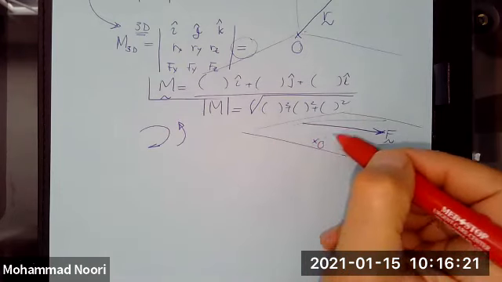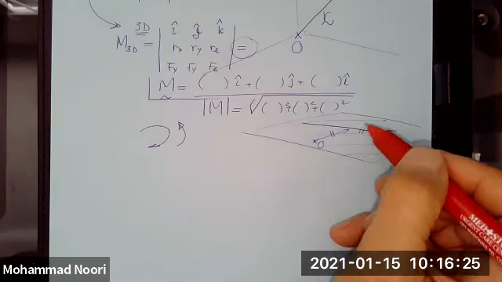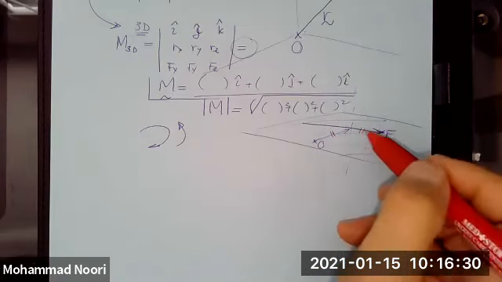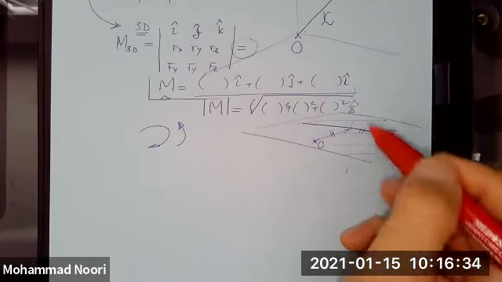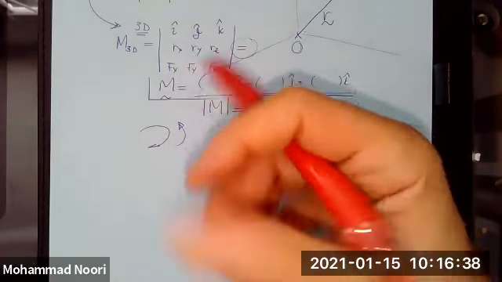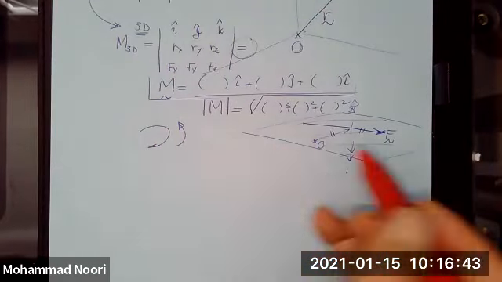Because if you draw a position vector here, the cross product of this and this force is always perpendicular to this plane, but depending on what direction this force is, that rotation takes place about this axis either in the positive direction or in the negative direction.